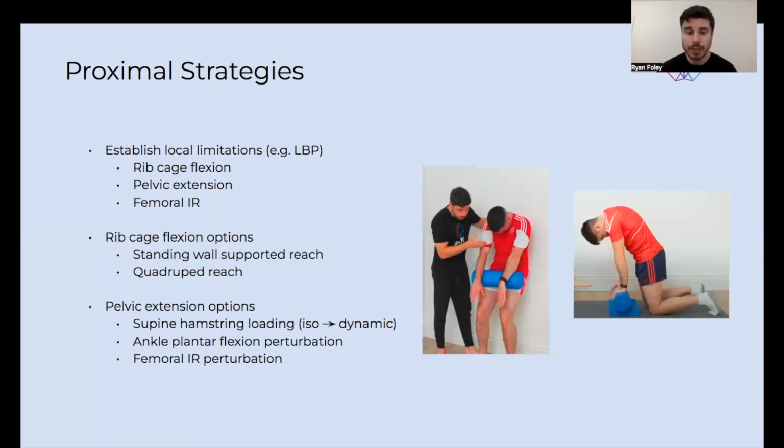Okay, so for example, when we look at the pelvic behavior, we need to consider pelvic behavior within the context of the rib cage, but also the femur. As the pelvis extends, that will naturally facilitate more of an external rotation of the femur. As the pelvis flexes, that will naturally facilitate more of an internal rotation behavior of the femur.